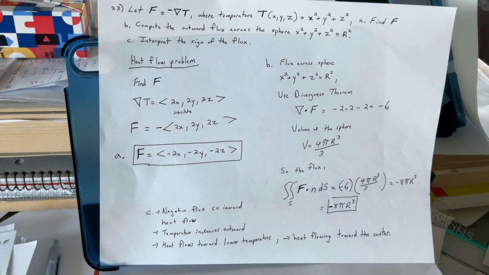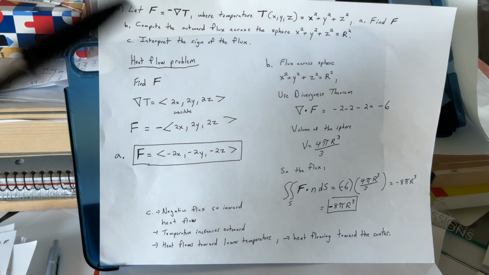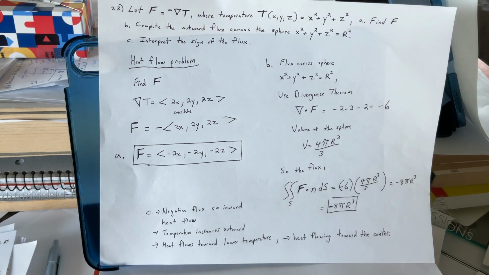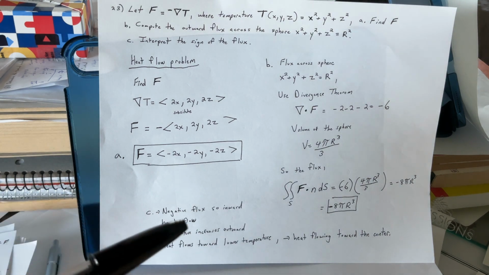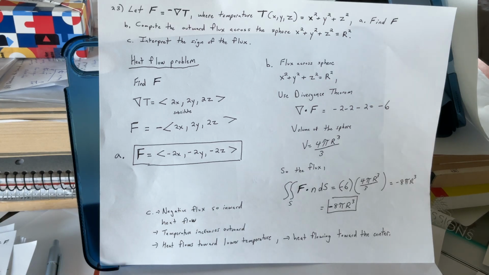So when we get to part C, we want to interpret the sign of the flux. Well, think about this. It's negative. If the flux is negative, that means it's inward. The heat is flowing inward, and this makes sense. Think in terms of physics, thermodynamics. The temperature is going to increase outward.